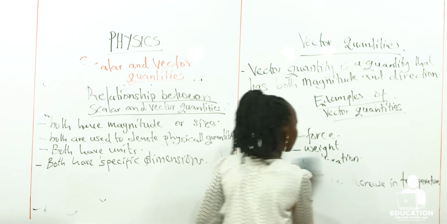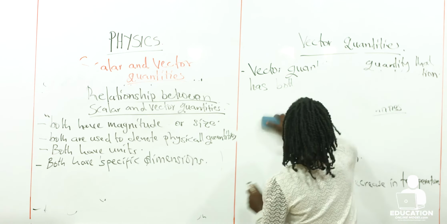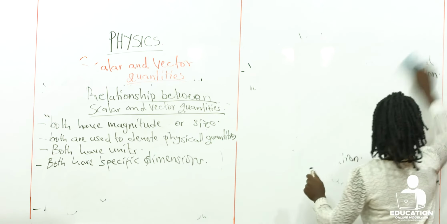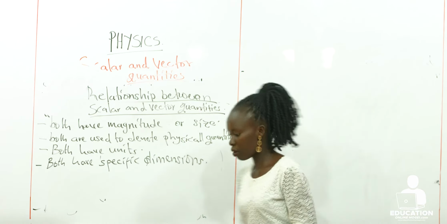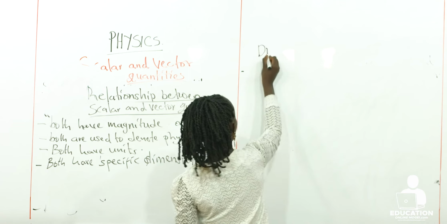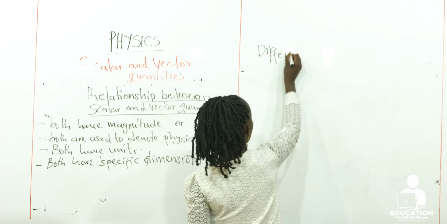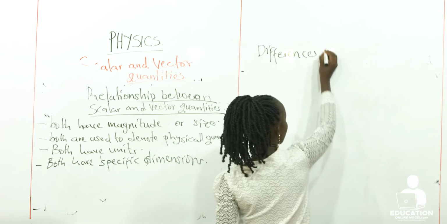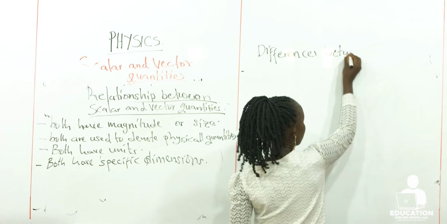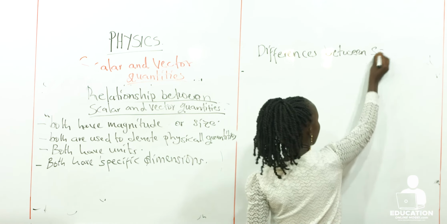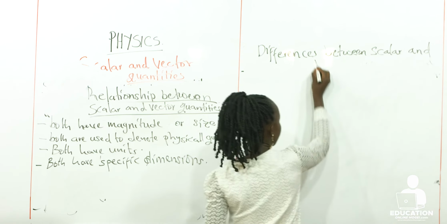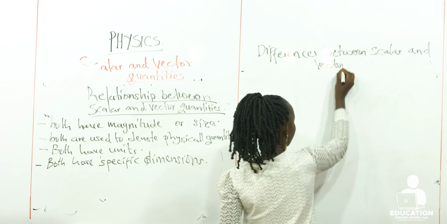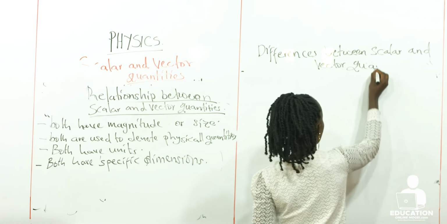So we can have it as the differences between scalar and vector quantities.